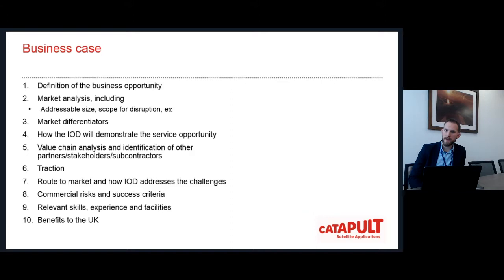Traction is very important. This leads back into that tangible opportunity. So we need to understand what you've done to date, how you've got to where you are, and where the plan is to go forwards from that.